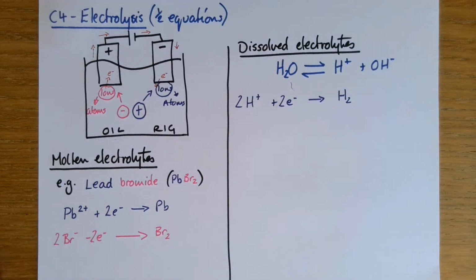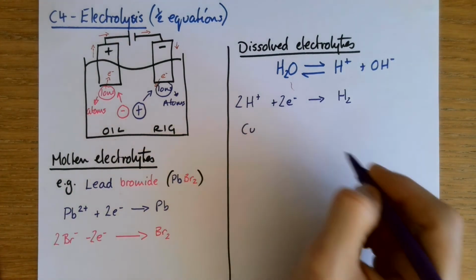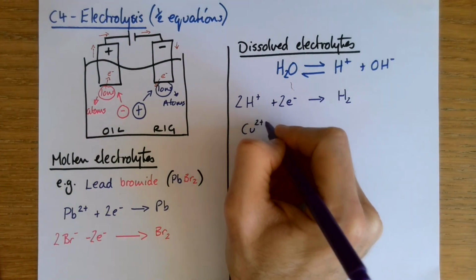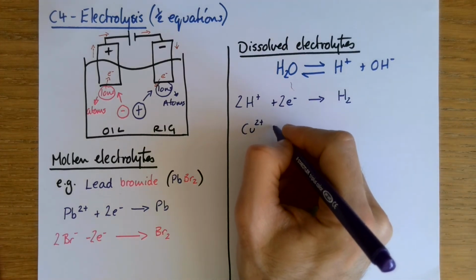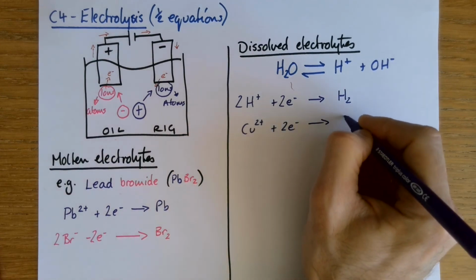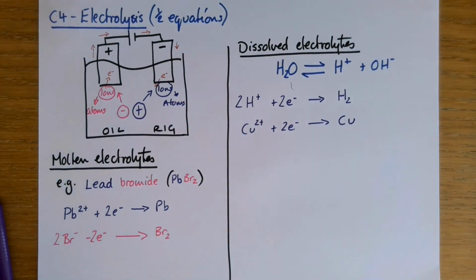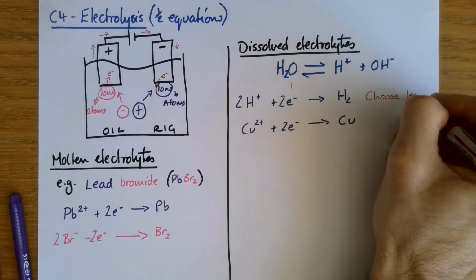Now sometimes we don't produce hydrogen and we might produce a metal. So for example, if you had copper, in this case it's going to be a Cu2+ charge. This one is going to gain 2 electrons, and as a result is going to form just copper atoms. Now, we always choose the least reactive.